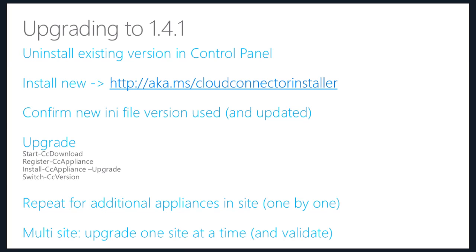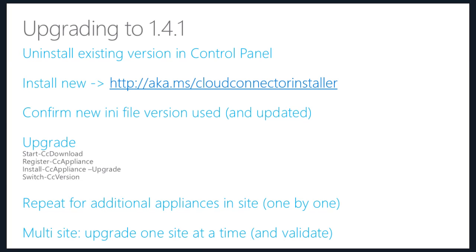From there, the upgrade process is pretty straightforward, right? We can run a start CC download, which, as you would expect, is responsible for performing the download as necessary. We have the register CCE appliance, so that we can register the appliance again, and that registers the new, updated topology information. And then we have install CCE appliance with the -upgrade switch. That's what's going to actually initiate the upgrade process.